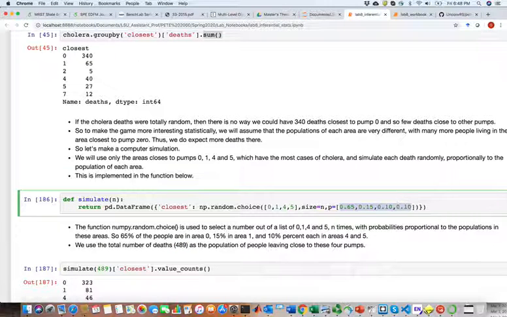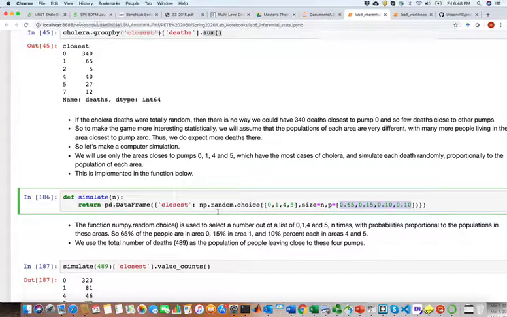Then randomly pick more points closest to 0. 65% of the data should be close to 0. 15% of the deaths should be close to pump 1. 10% should be close to pump 4. And the last 10% close to pump 5. So this is randomly generated, assuming this is the population distribution.